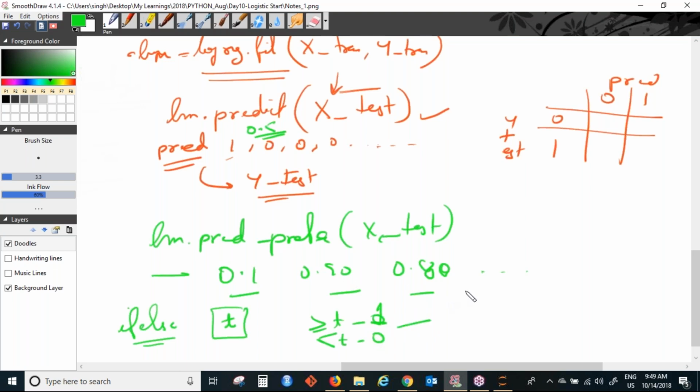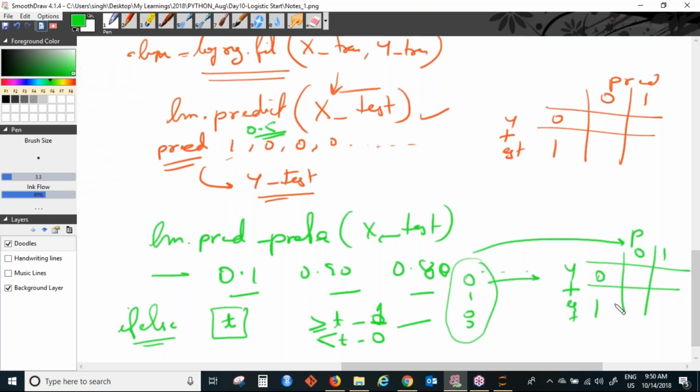Once these are converted to ones and zeros, you will compare them once again with the actual y_test, prepare the confusion matrix and compute all the parameters.